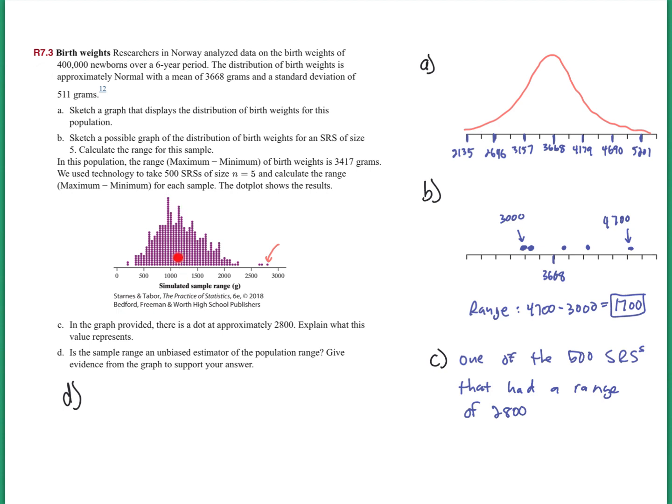But we can see the mean here looks like around 1,200 or so. The mean range of birth weights for each sample is about 1,200 in all these samples. But if it was an unbiased estimator, it would be 3,417.